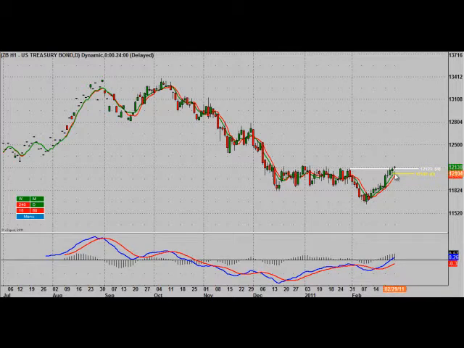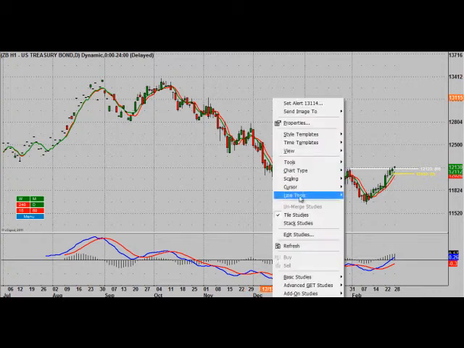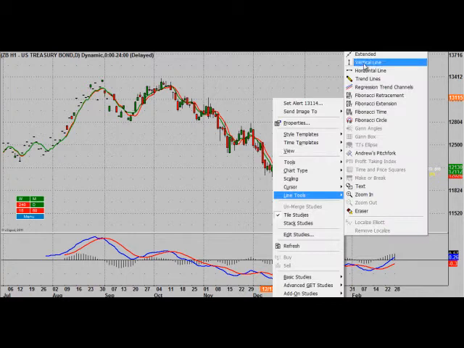So if bonds keep going up, interest rates keep going down, and the dollar is going to keep going down. So the currencies will be strong. If, on the other hand, this market reverses and reverts back to its overall trend, that would be dollar bullish. So this is a very significant level here, just above here. Let me put a trend line on there for you to see it.